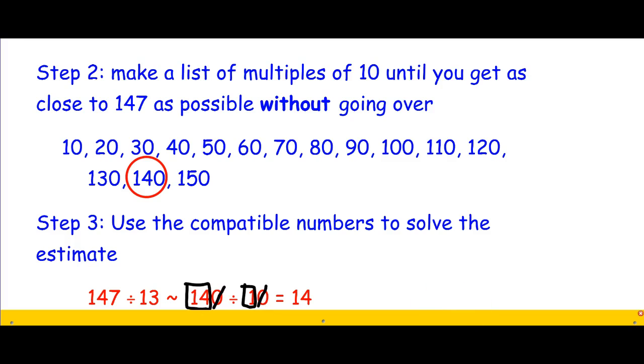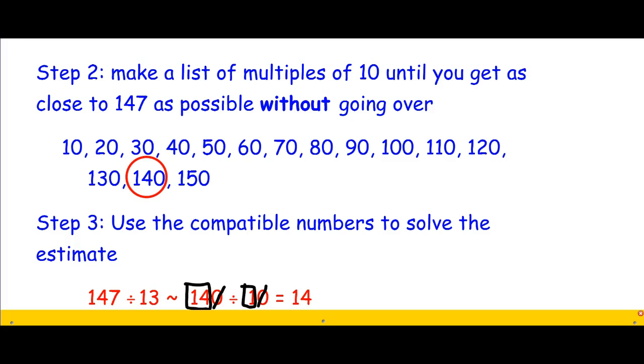There's one on the dividend side and one on the divisor side, so we're going to cancel each of those out. And we have 14 divided by 1, which is 14. So our estimated answer to 147 divided by 13 is 14, after we've rounded the divisor and then found the closest multiple without going over, which was 140.